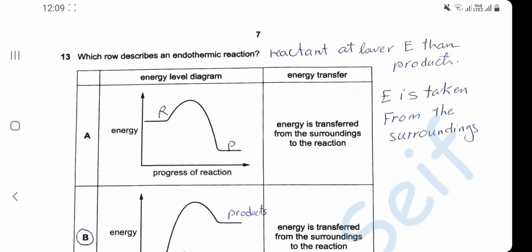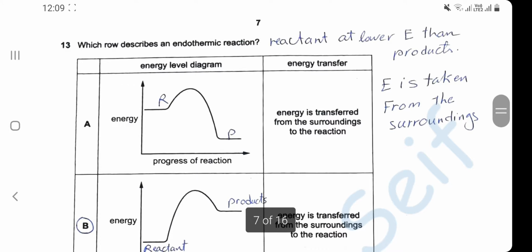It needs heat, so energy is taken in from the surroundings. This means the reactants gain energy to form products, with reactants at a lower energy level than the products. So we have these two pieces of information: reactants at a lower energy level than the products, and the energy is taken in from the surroundings. So we can answer here.